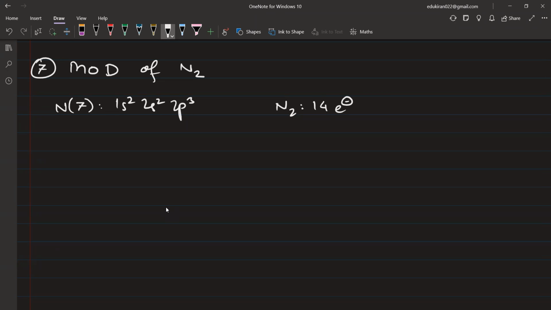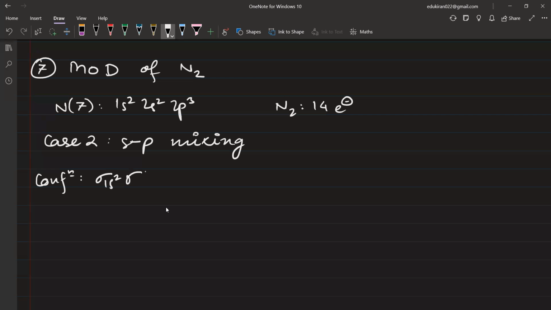Till here we are going to have sp mixing, Case 2. So the configuration is going to be sigma 1s2, sigma star 1s2, sigma 2s2, sigma star 2s2.